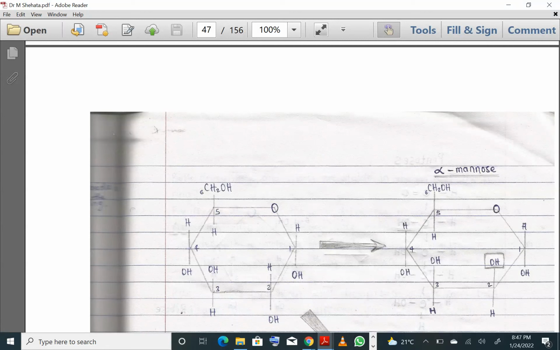Because you see that the hydroxyl on carbon 1 is below the ring. Now look at carbon 2, because carbon 2 is where epimerization occurs to convert glucose into mannose. In glucose, the hydroxyl is below the ring, and the hydrogen is above the ring.